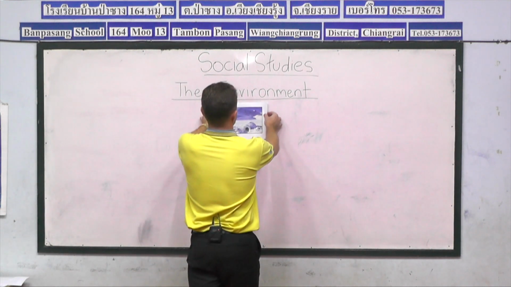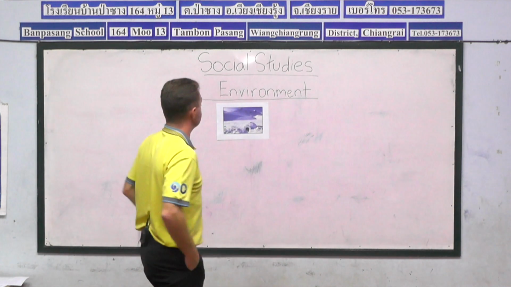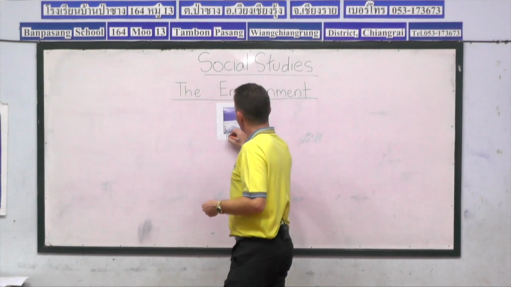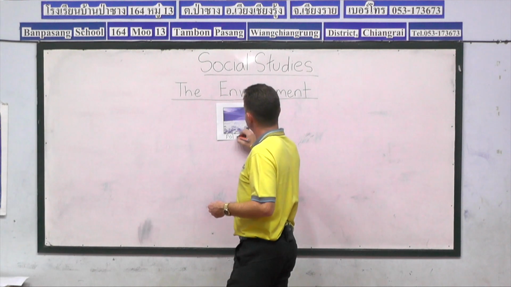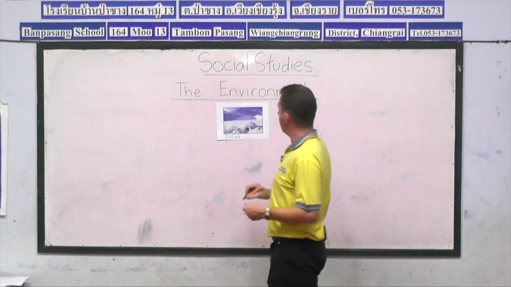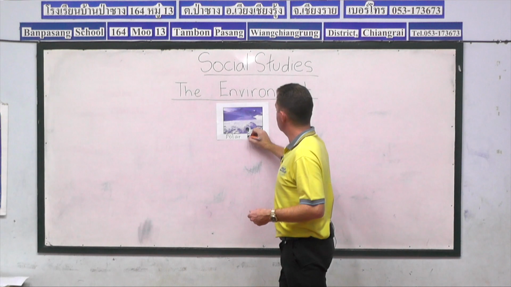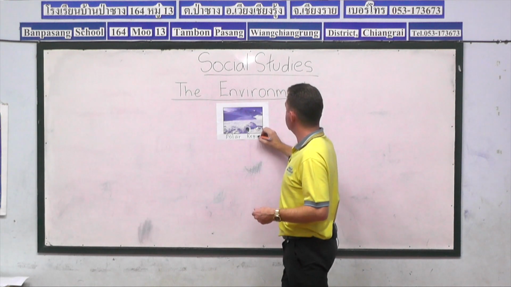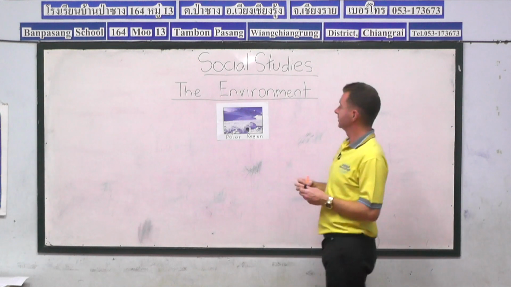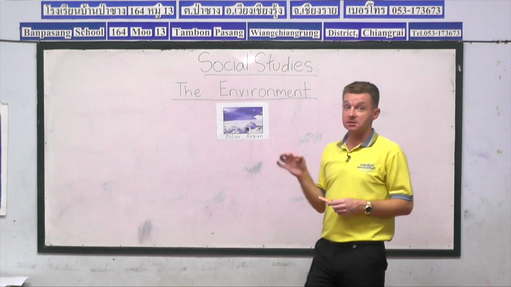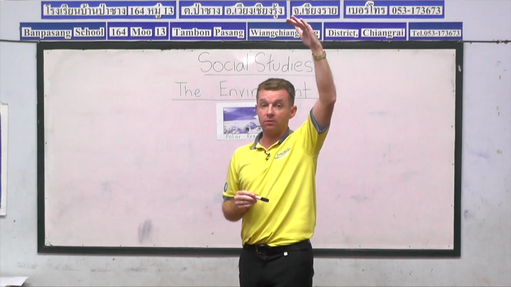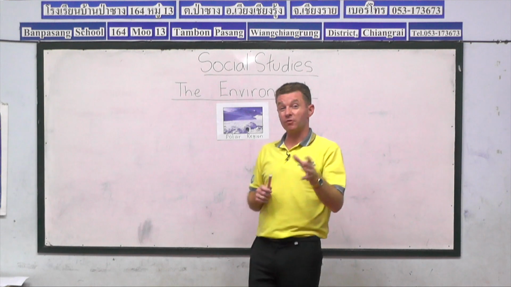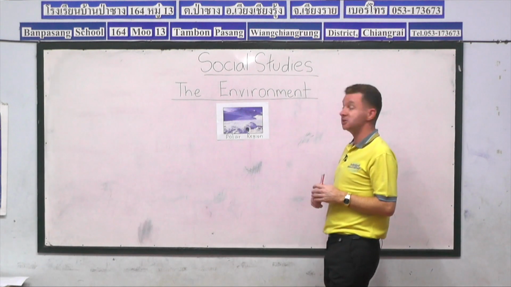Okay, so the first one, we can write the name underneath, polar, P-O-L-A-R, and region, R-E-G-I-O-N. Now, there are two main polar regions on planet Earth. North Pole, the Arctic, and the South Pole, the Antarctic. We refer to both as polar region.